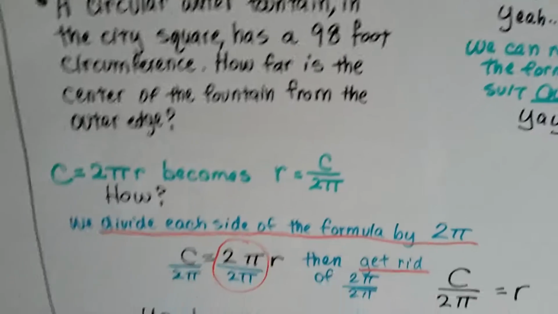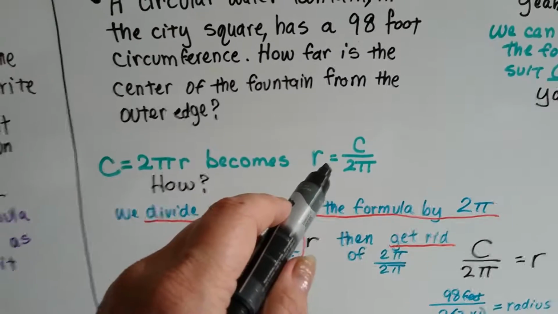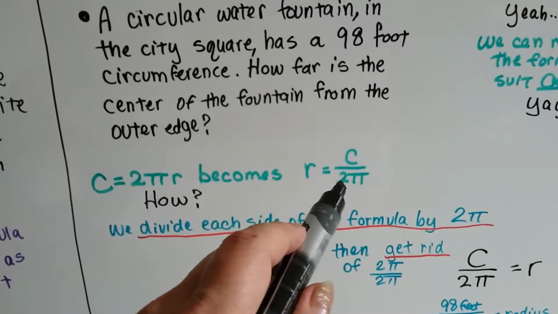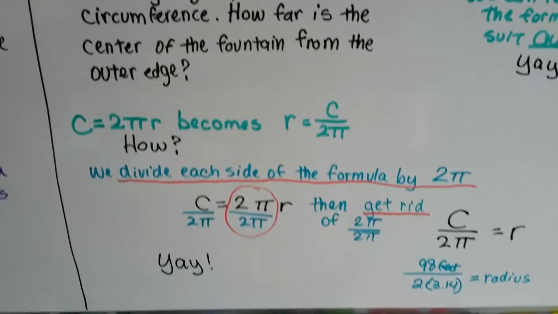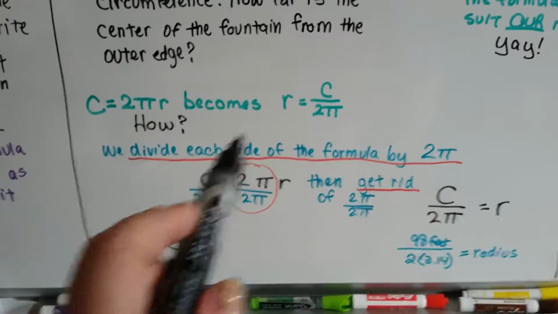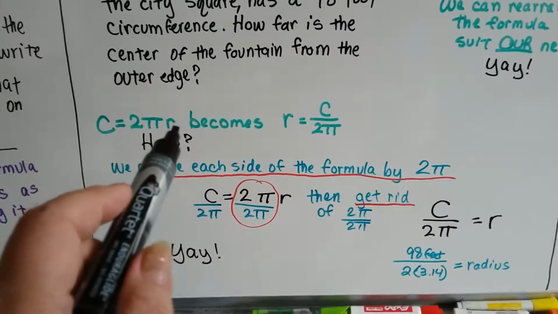Aren't you happy? So, C equals 2 pi r becomes r, the radius, equals C, the circumference, divided by 2 times pi, 3.14. How did that happen? Well, look. We divide each side of the formula by 2 pi. So, we're trying to solve for the radius, right?